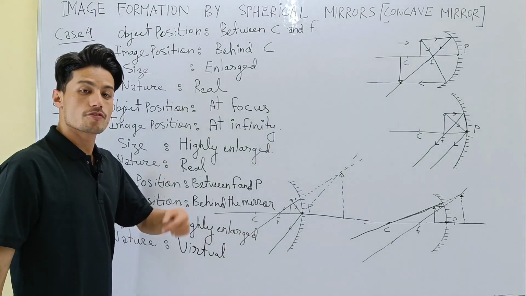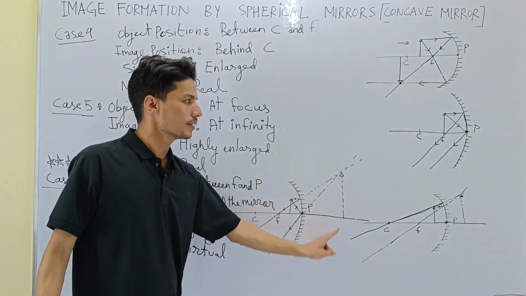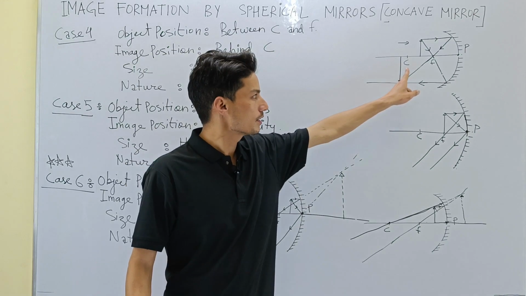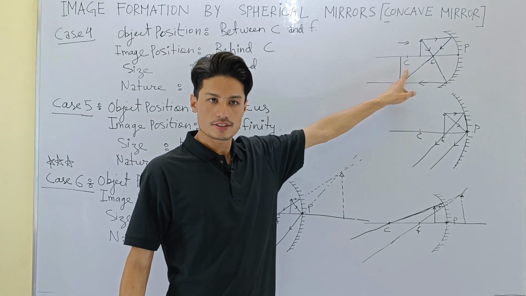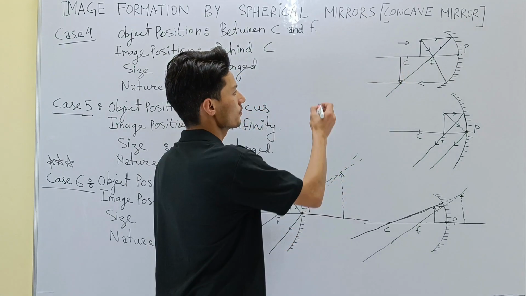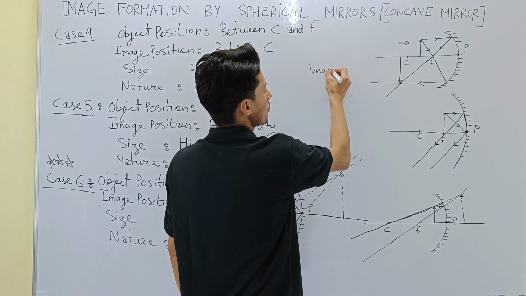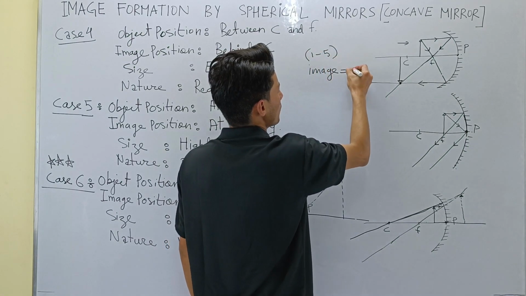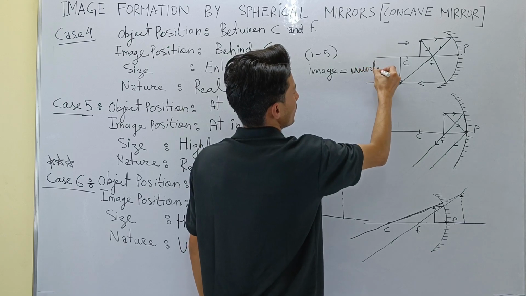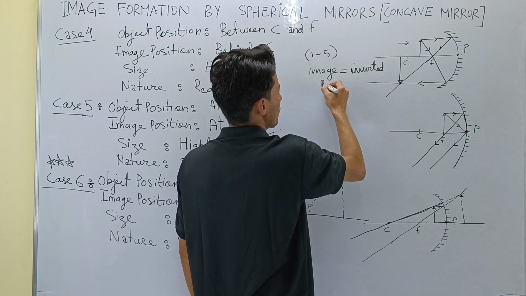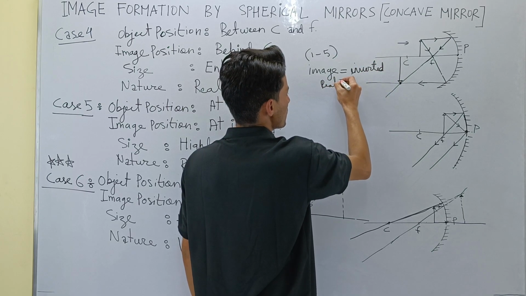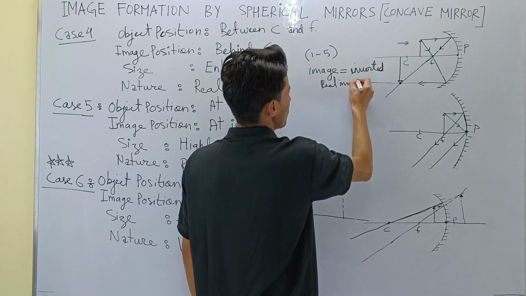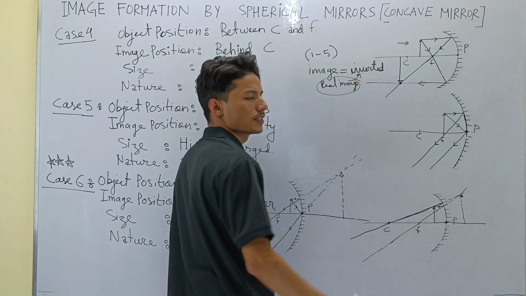Virtual images are always erect, whereas real images are inverted, isn't it? Look at the image. The image in all the 5 cases, case 1 to case 5, they're all inverted, because they are all real images. Since they are all real images, they are always inverted.